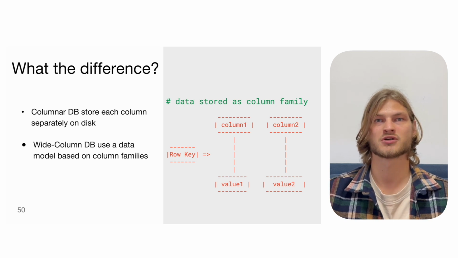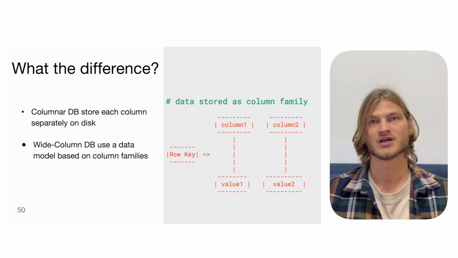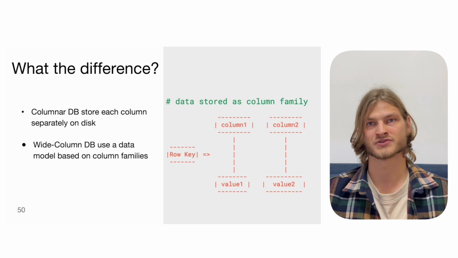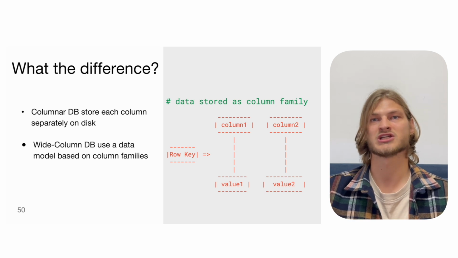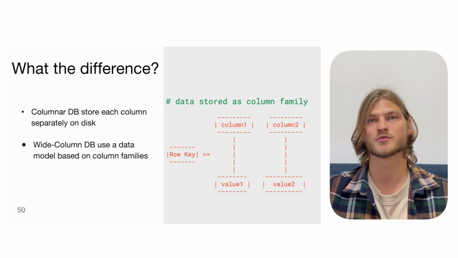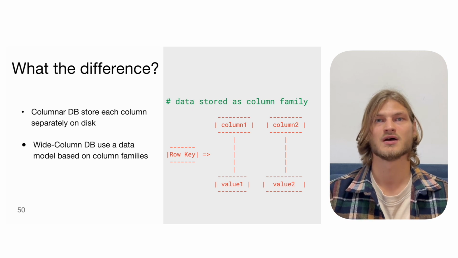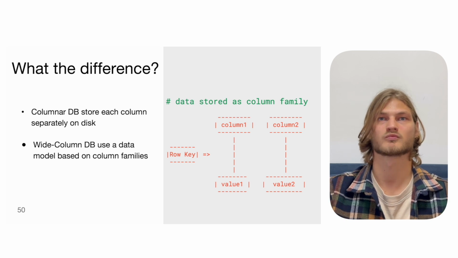For each row key, we have columns, and each column has its value. So column 1 is like the name of our column. Column 2 is also a name, and each of these columns has its values, and all of it is combined in a column family.